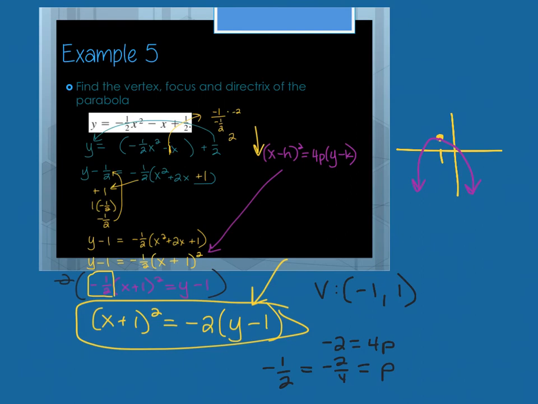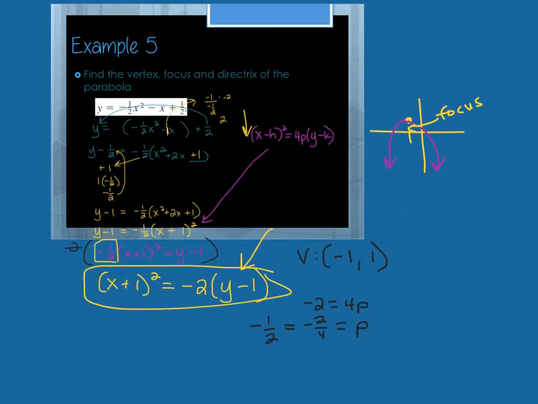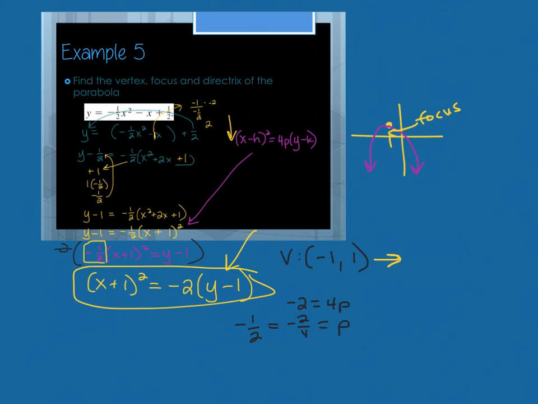So if I want to find the focus, I need to subtract the p from the y value, because that's what's going to move it up and down. So I have to take my vertex and do 1 minus 1/2. So my focus is negative 1 and 1/2.